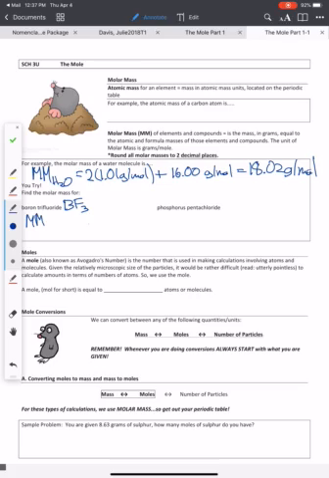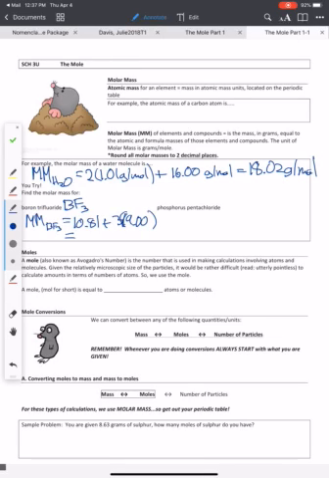Again, I'm just going to abbreviate it MM, BF3. So that would be the molar mass of boron plus the molar mass of fluorine times 3. Boron on your periodic table rounds to 10.81 grams per mole. Just going to leave my units off for space, plus 3 times 19 grams per mole. That's 19 grams per mole for fluorine.